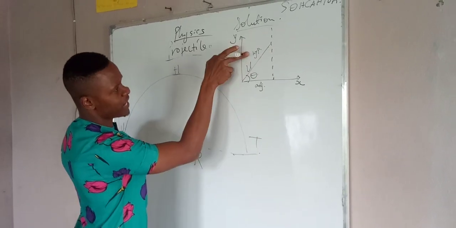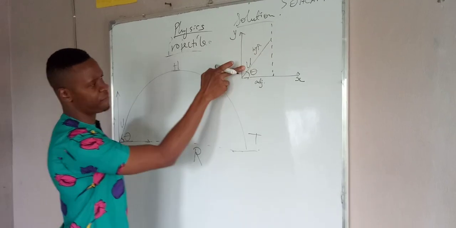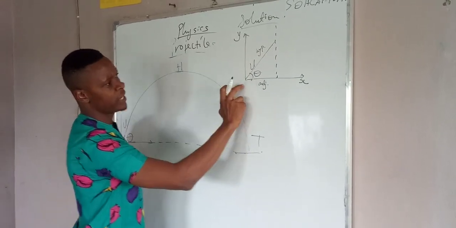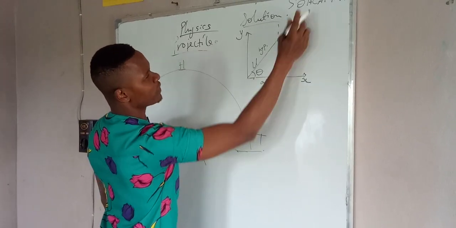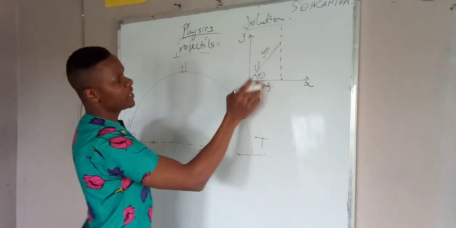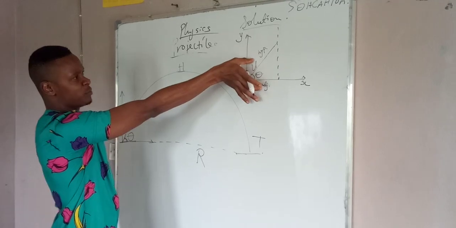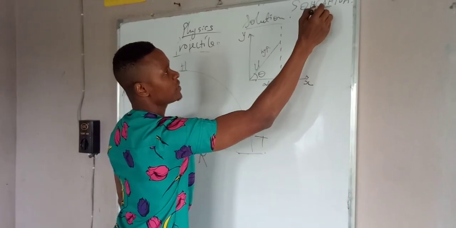So if we are considering hypotenuse and adjacent, for us to get the effective value of u in the horizontal direction, we will have to involve which of these trigonometric ratios allows for hypotenuse and adjacent to be manipulated, and that is cos.